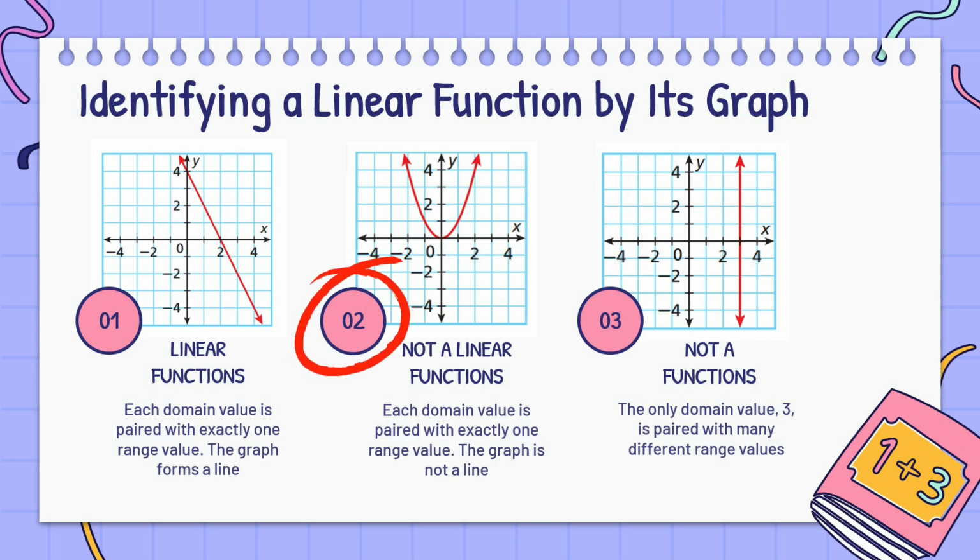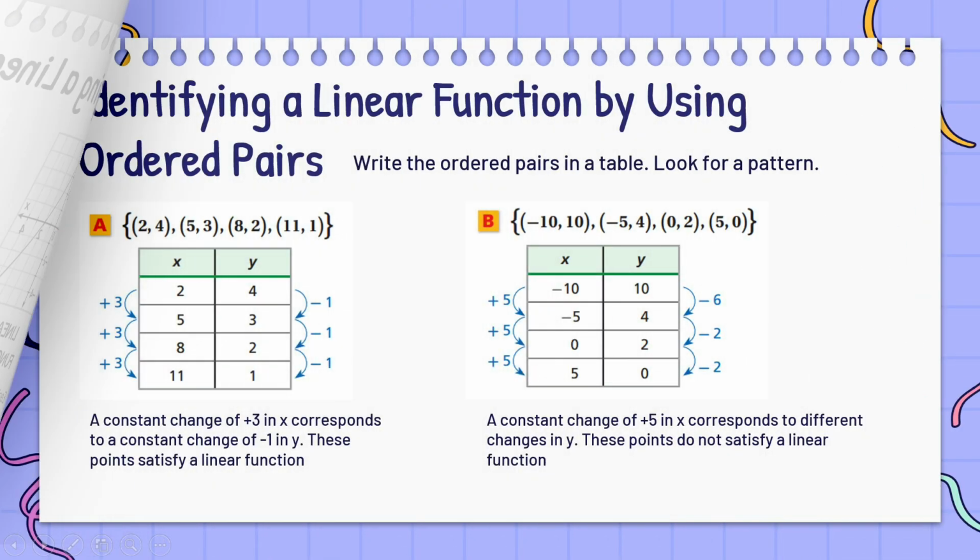Graph 2 is not a linear function because, although its domain value is paired with exactly one range value, the graph is not a line. And graph 3 is not a function because the domain value 3 is paired with many different range values.